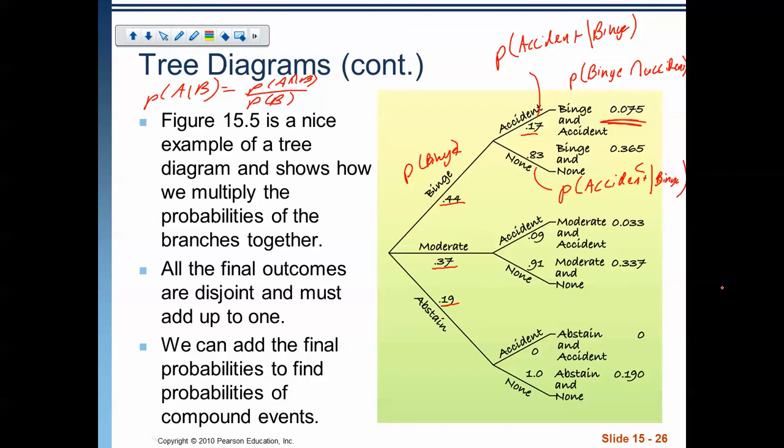P of binge drinker times P of accident complement given binge drinker is P of binge drinker and no accident, or accident complement. Are we seeing the connections between our probability and the tree diagram? That's the most important part. Do we understand where those are coming from?